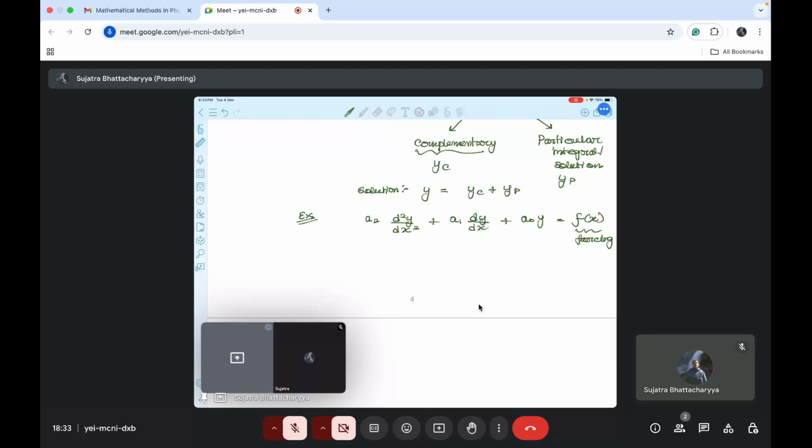How do we find the complementary solution? For the complementary function, we just put f of x equals 0, make it homogeneous, and then solve.